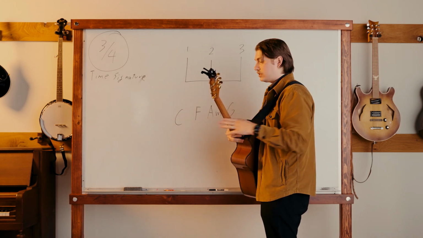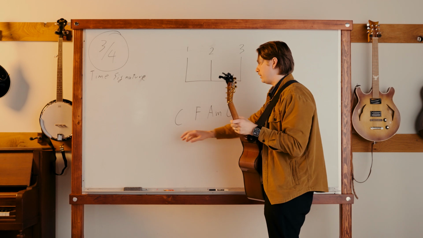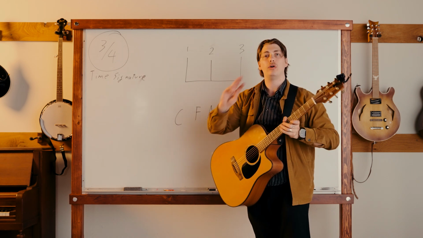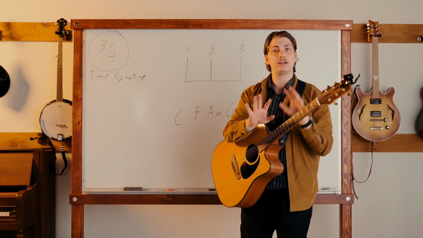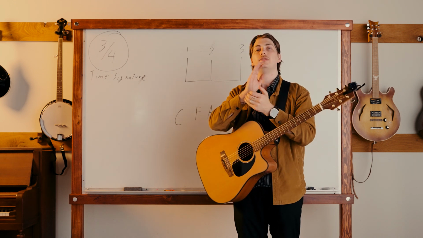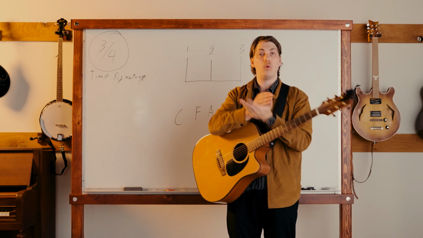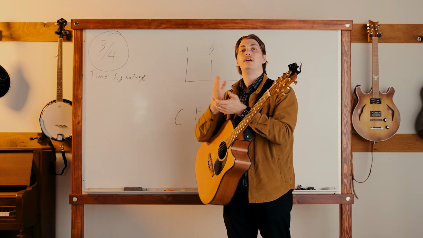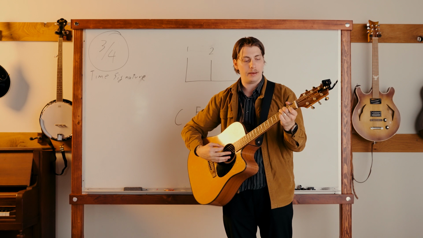We're now going to play this chord progression in 3/4 time signature. All that means is we're counting to 3. It'll sound like this: 1, 2, 3, 1, 2, 3, 1, 2, 3. Okay, let's try it. Ready? Here we go.